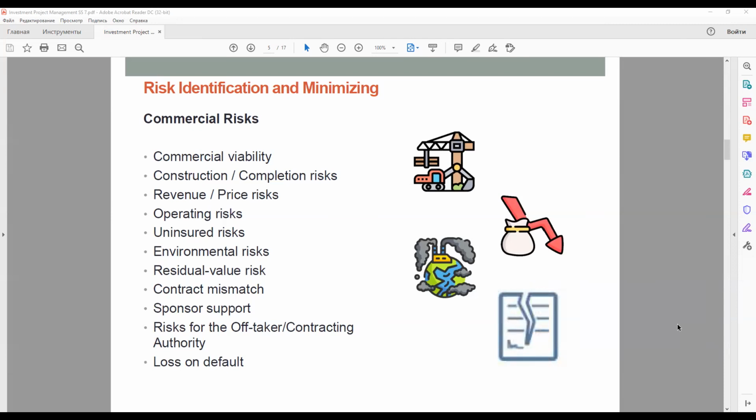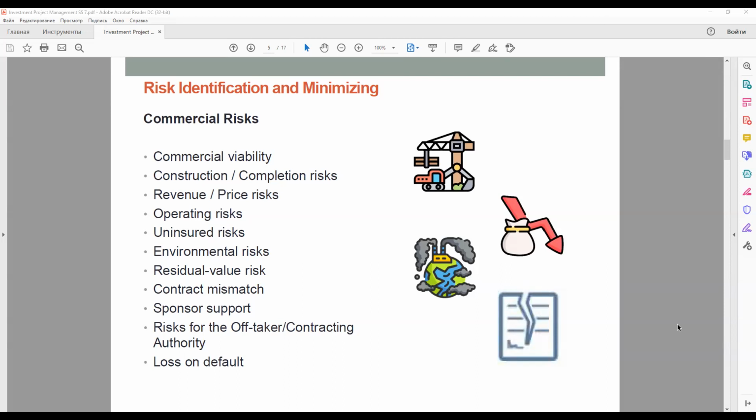Uninsured risks: are there significant risks not covered by insurance? Environmental risks: what effect will the project have on its surrounding environment? Residual value risk: what happens to the project after the end of the project agreement? Contract mismatch: does the project contract fit together properly?